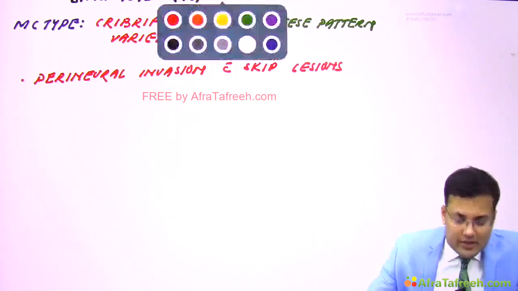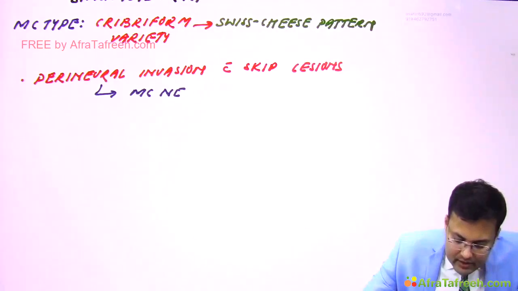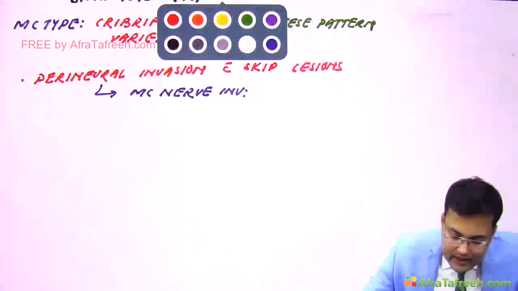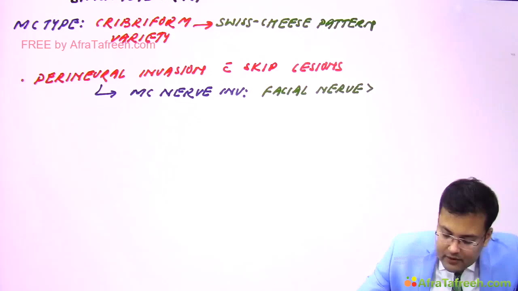So, perineural invasion with skip lesions. The question: most commonly involved nerve? It's the facial nerve, followed by the trigeminal nerve.